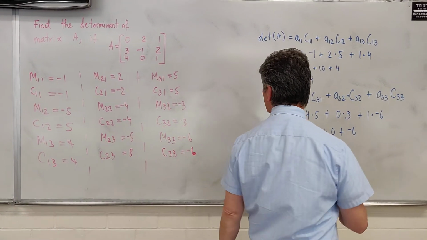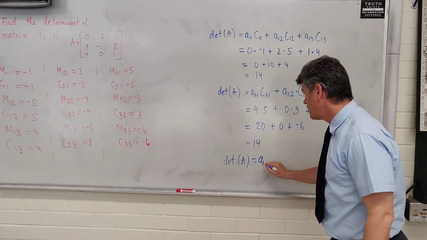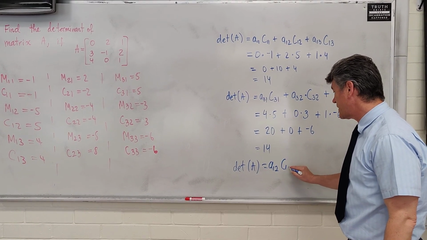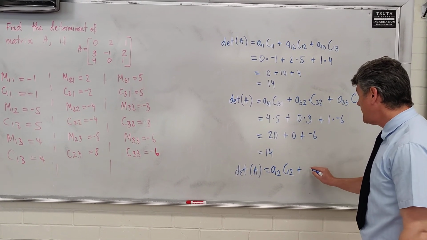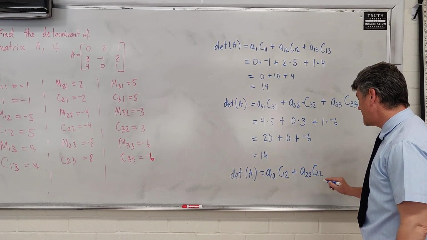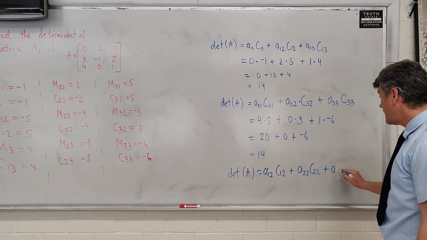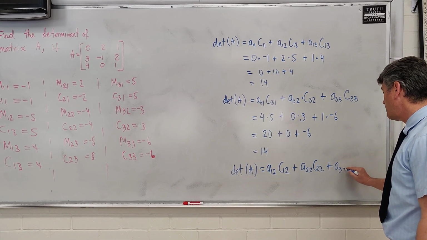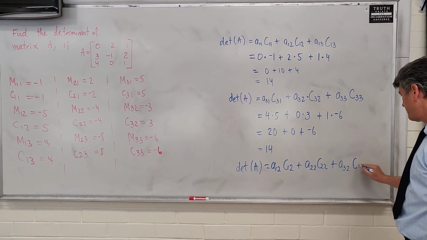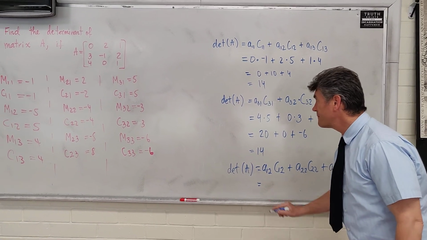So let's do that. Second column, so we're going to use the entry in the first row, second column times its cofactor, plus the entry in the second row, second column times its cofactor, plus the entry in the third row, second column times its cofactor. Let's see what we got.